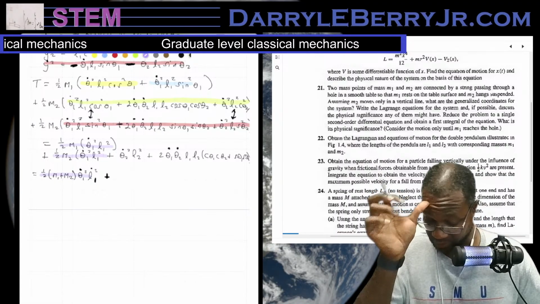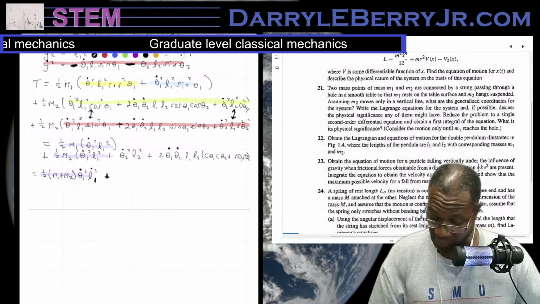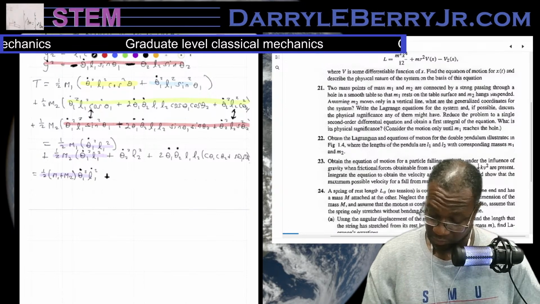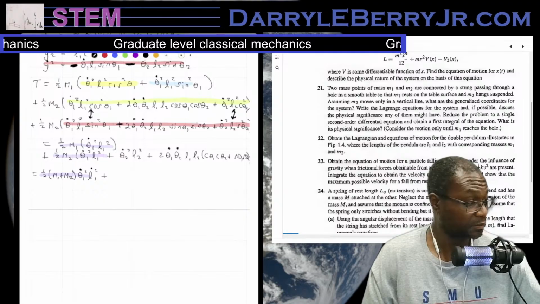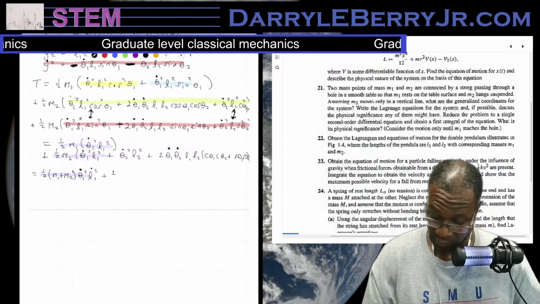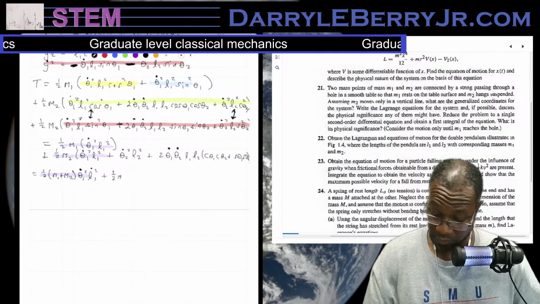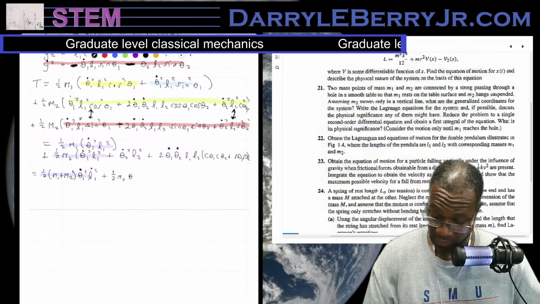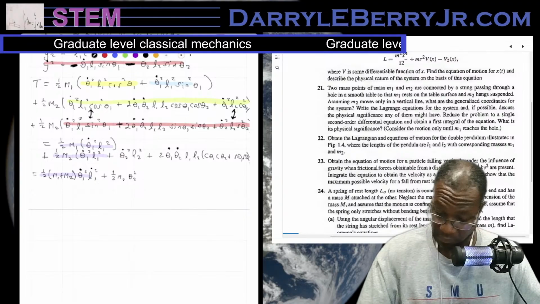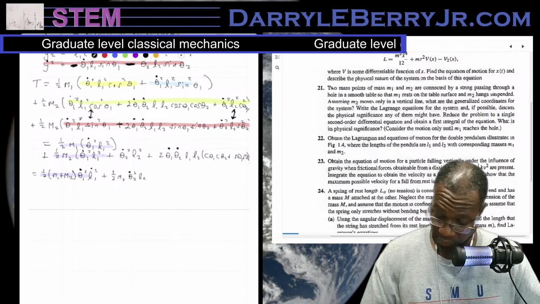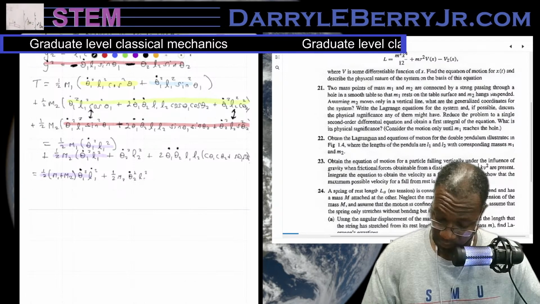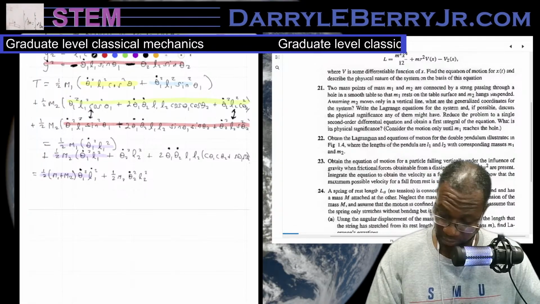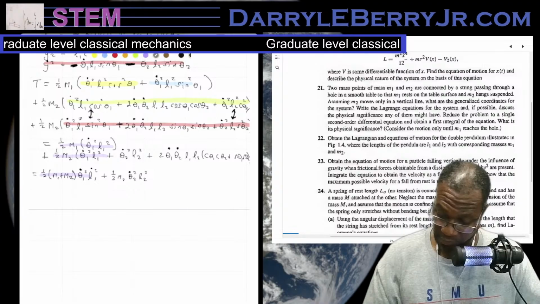Is this 1/2 theta 1 dot squared L1 squared, and extract out the M1 plus M2, plus 1/2 M2 theta 2 dot squared L2 squared. That takes care of this one.